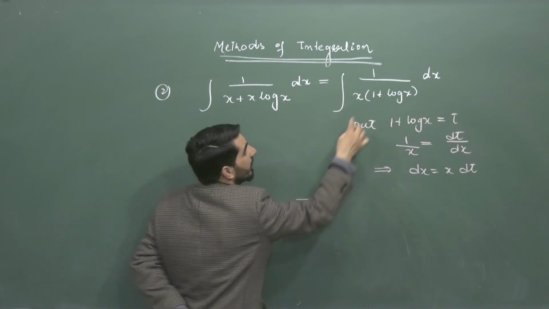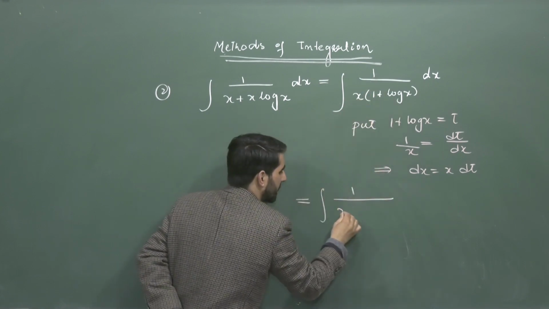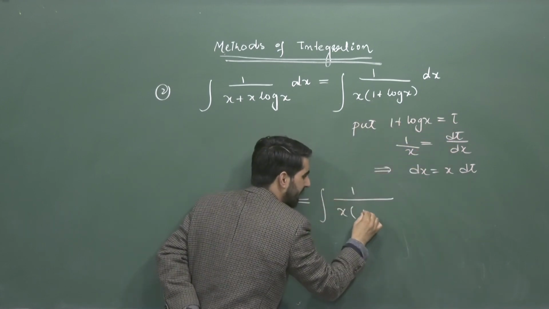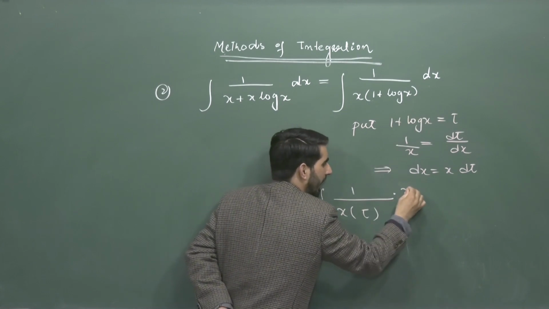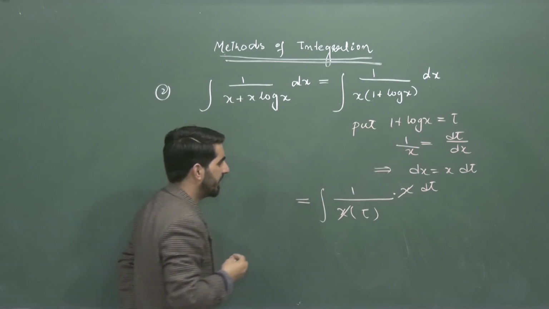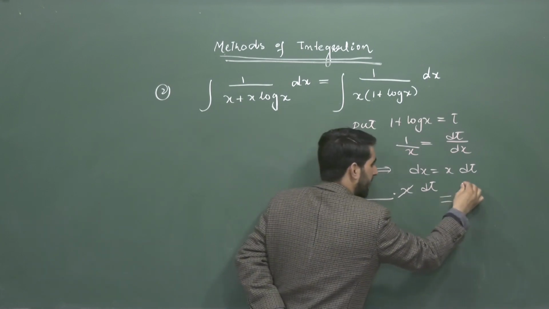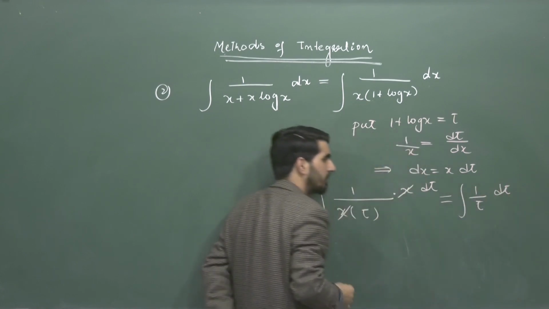Substituting these values in the original integral, we get the integration of 1 divided by x, then t in place of 1 plus log x, and dx equal to x dt. This x and this x will cancel. So we get the integration of 1 divided by t dt.